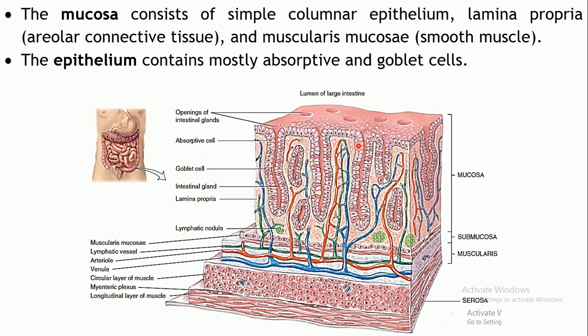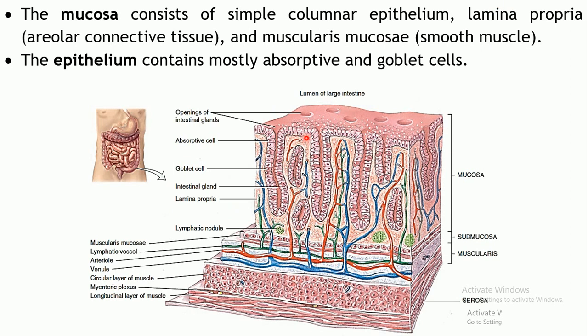Such villi are not seen in the large intestine, right? As you can see, the mucosa comprises the same layers: simple columnar epithelium, a single layer of epithelial cells. The next layer is the lamina propria, which comprises areolar connective tissue, and the third layer is the muscularis mucosae, which comprises smooth muscles.